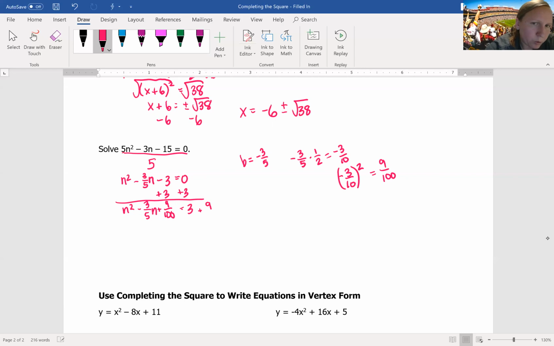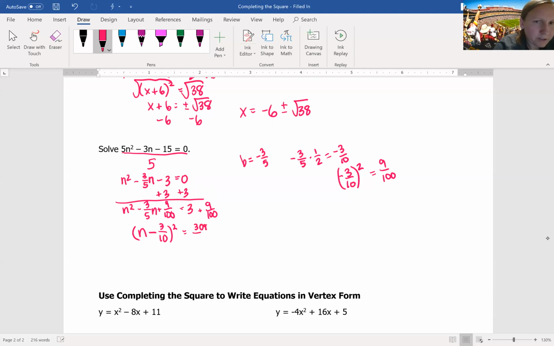I'm going to add it to both sides because whatever you do to one side, you do the other. Which means this mess over here on the left is really n minus, this was from the 3/10, so n minus 3/10 squared. 3 is really 300 over 100.